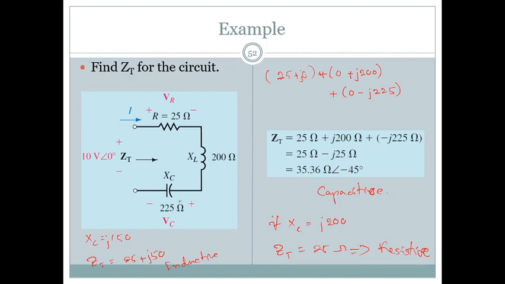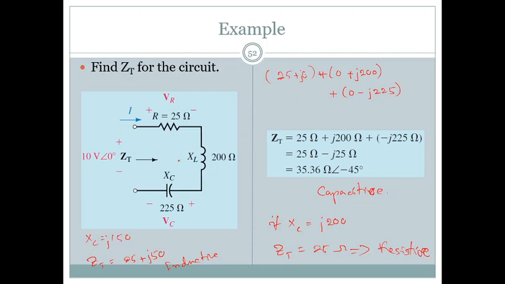So you can see, if inductive reactance is larger than the capacitive reactance, the total circuit will become inductive. If the capacitive reactance is larger compared with the inductive reactance, then the total circuit will become capacitive. If both are equal to each other, the effect of the capacitive reactance will be fully cancelled by the inductive reactance, and vice versa, and as a result the total circuit will become a pure resistive circuit.